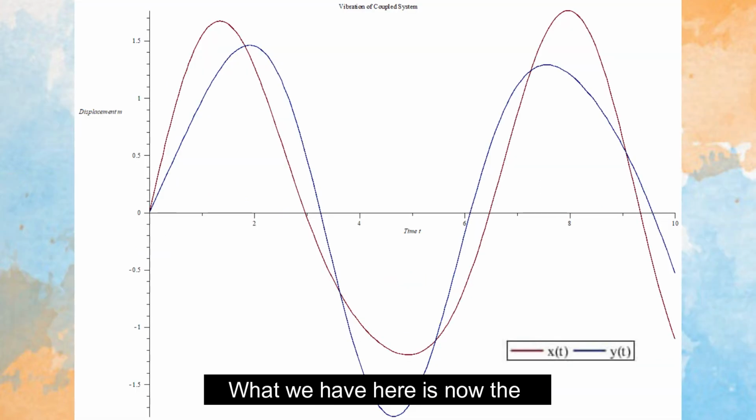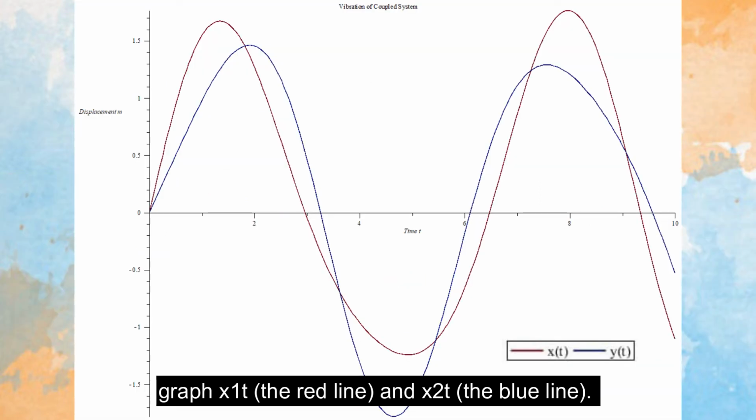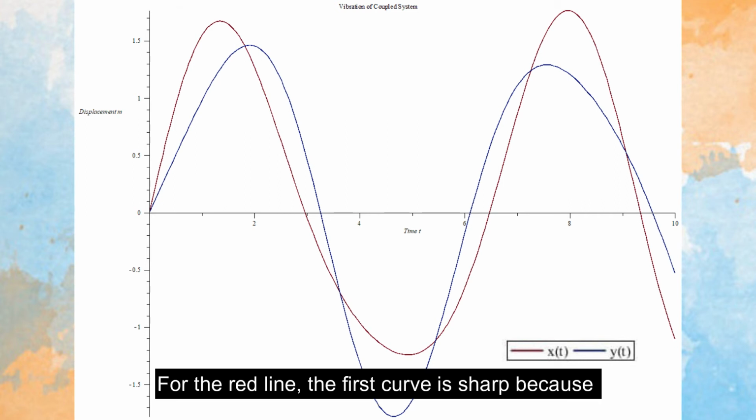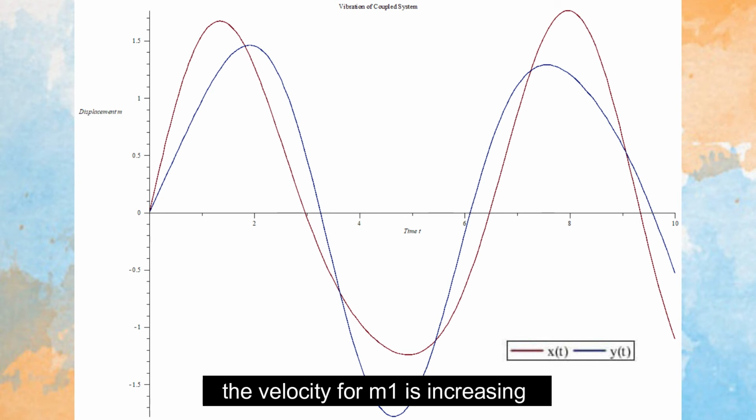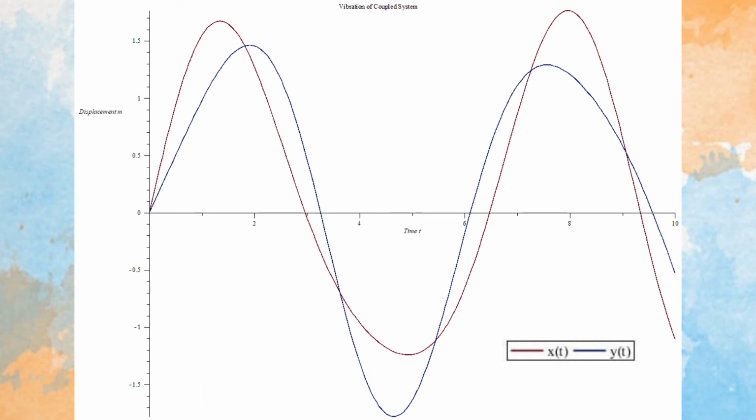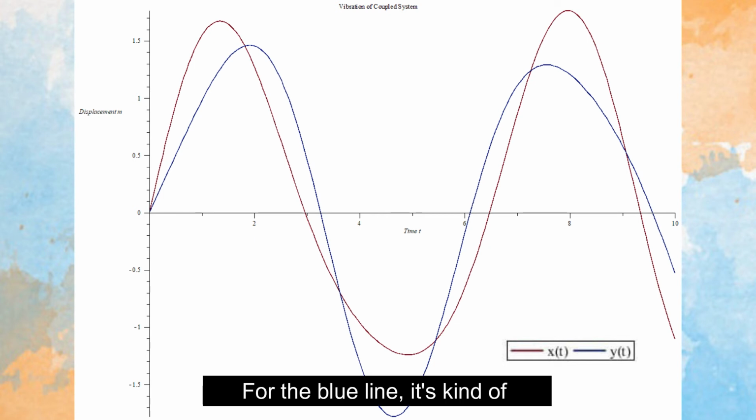And what we have here now is the graph of x1t, the red line, and the graph of x2t, the blue line. For the red line, the first curve is sharp because the velocity for mass 1 is increasing and then decreases, making the second curve quite curvy, and then its velocity increases again. For the blue line, it's kind of the reverse of the red line.